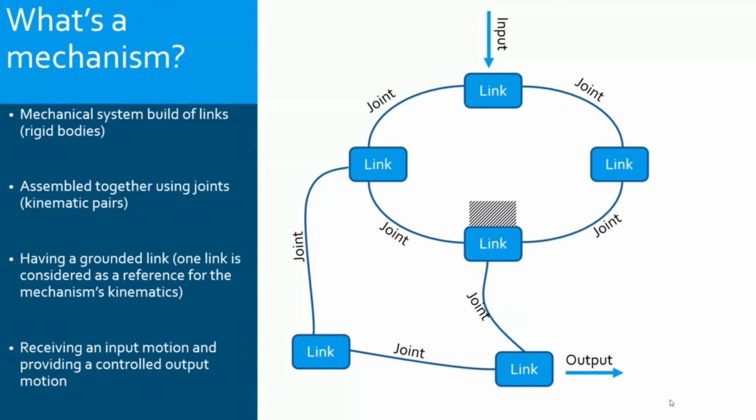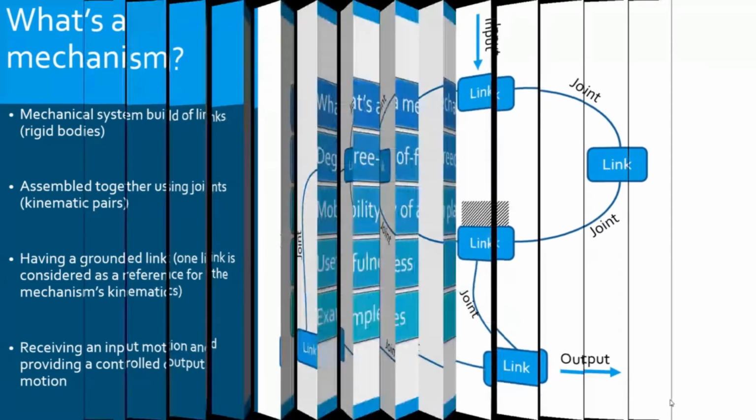Sometimes it receives the input in just 1 degree of freedom of a link, and it delivers an output. The output is a certain motion of one link or a certain motion in 1 degree of freedom of a link. It can also be more outputs. So this is just a recall.